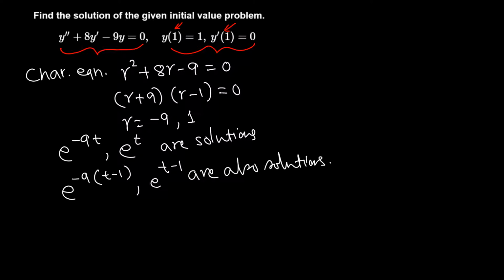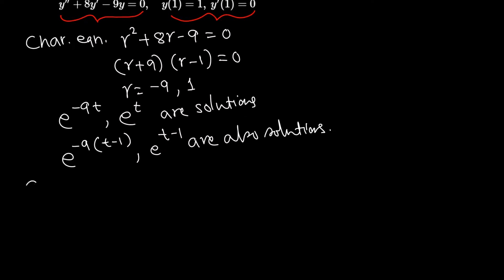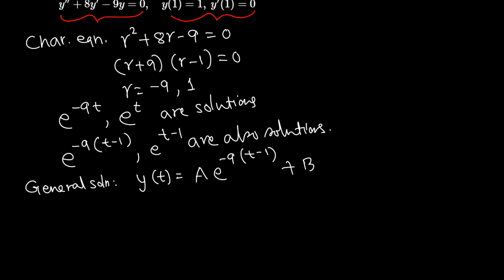Okay, these are also solutions, and we can write a general solution now: y as a function of t equals c1, or I can write a, times the first solution plus c2, or b, times the second solution. Eventually we find the values of a and b using the initial conditions, and we come back here and write down the final solution.